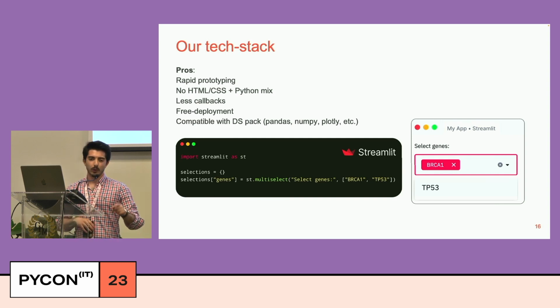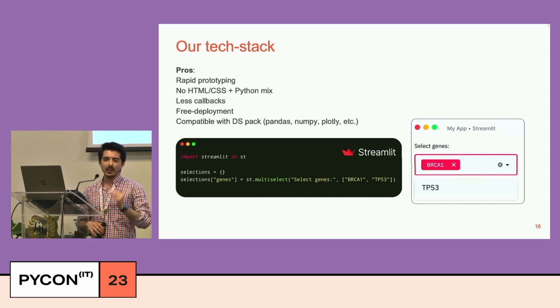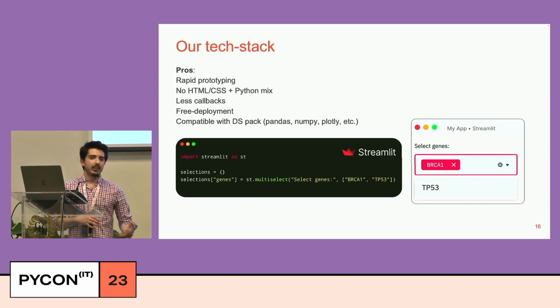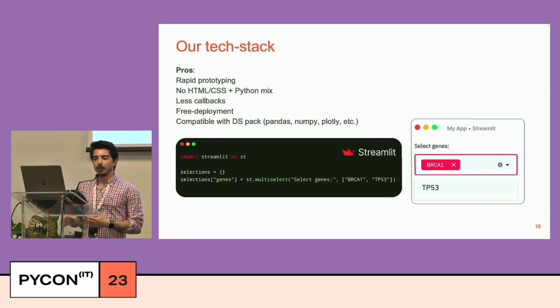And you also have a free deployment option. Another cool thing is that you can use Streamlit with the other data stack, like pandas, to show your data frame, and obviously we also need a lot of plots, and it works very well with Plotly. So this is the rapid prototype.